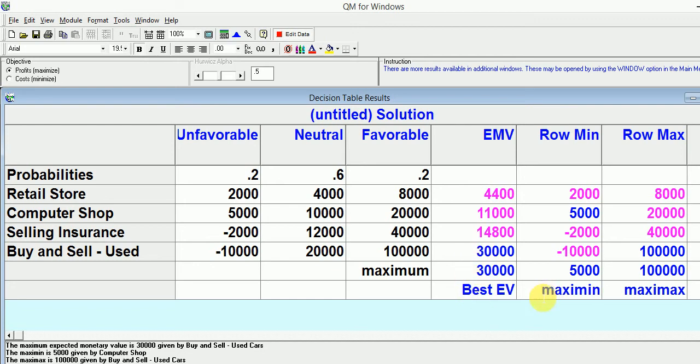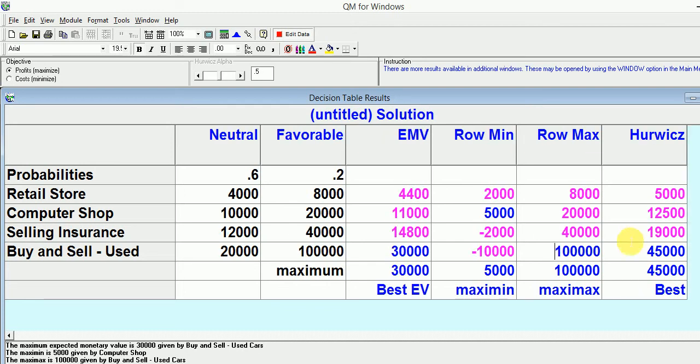If we assume an unfavorable market, it will choose 5,000 pesos, which is for the computer shop. And if we are aggressive, we will choose the 100,000, which is also buying and selling of used cars. And the Hurwicz Alpha at 50%, it says here, the best scenario will be buying and selling of used cars. And the expected monetary value is not 30,000 anymore, but it's 45,000.